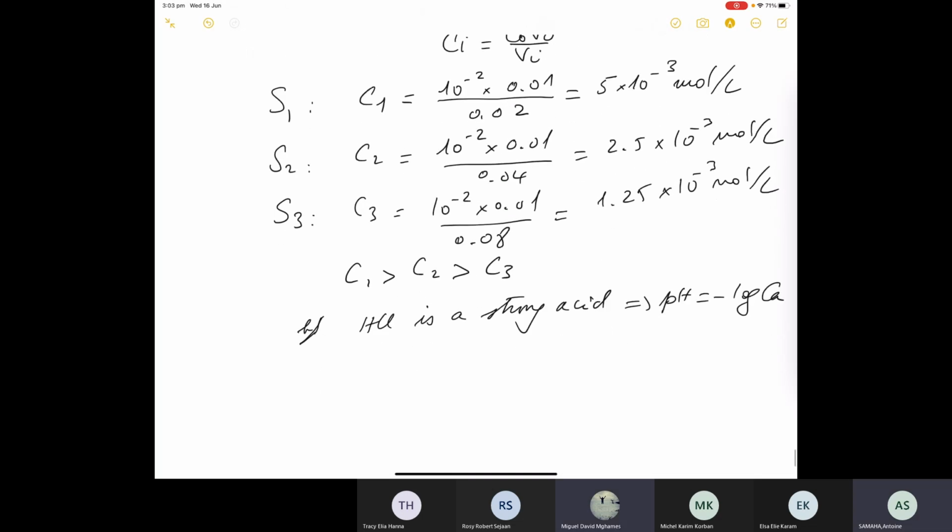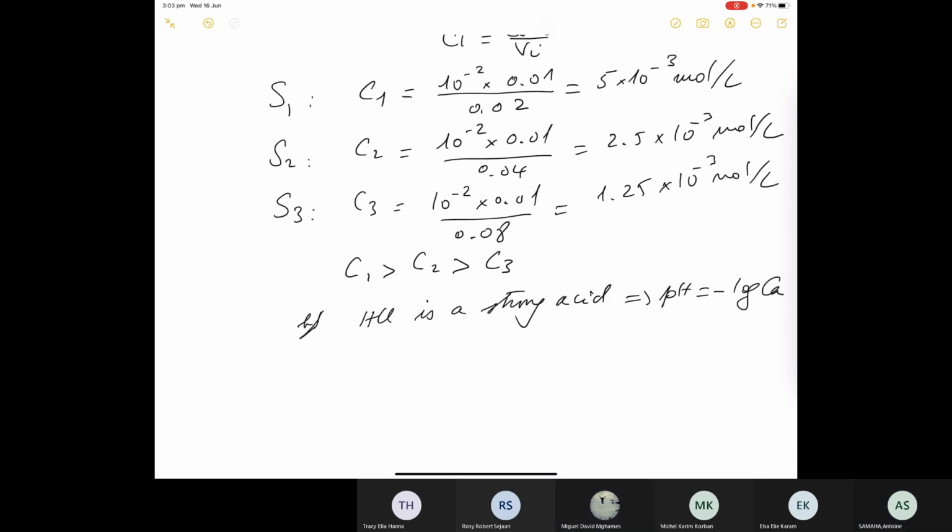So for S0, pH0 equal to negative log C0 equal to negative log of 1 times 10 negative 2, equal to 2.